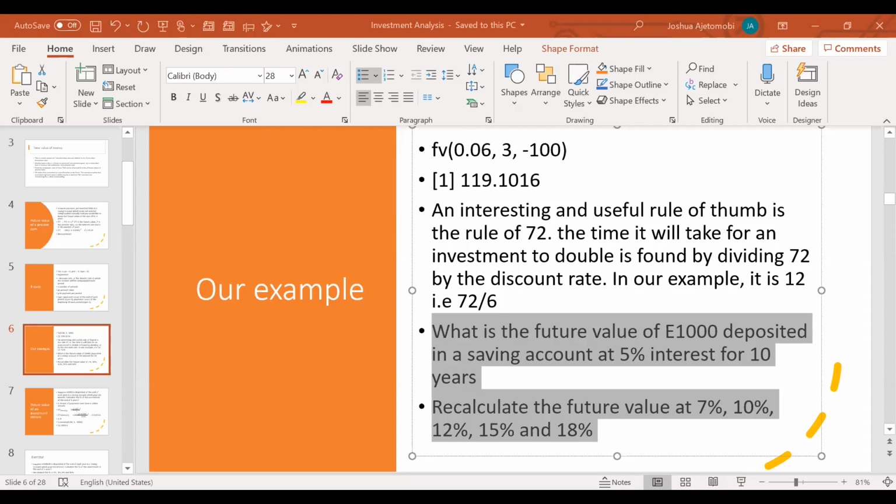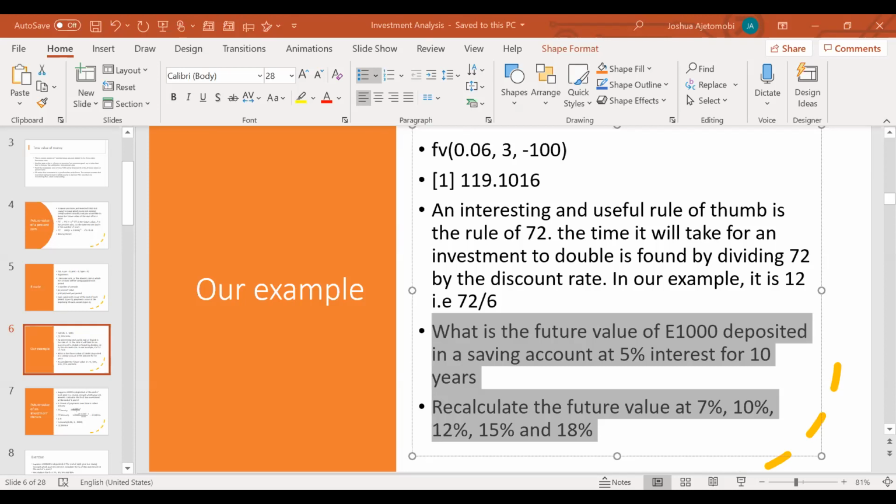So what's your answer for the first one, which is 5%? It's 1,276.28. Yeah, that's great. For 7%, 1,407.10.